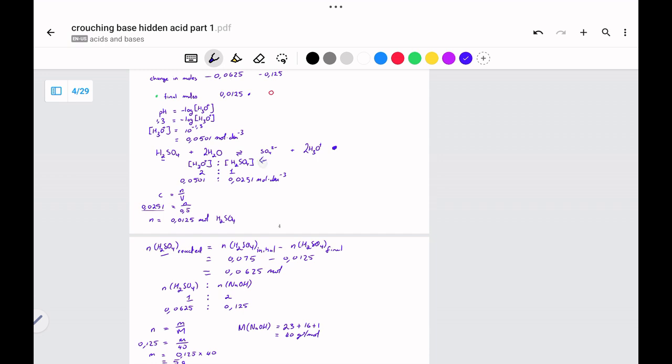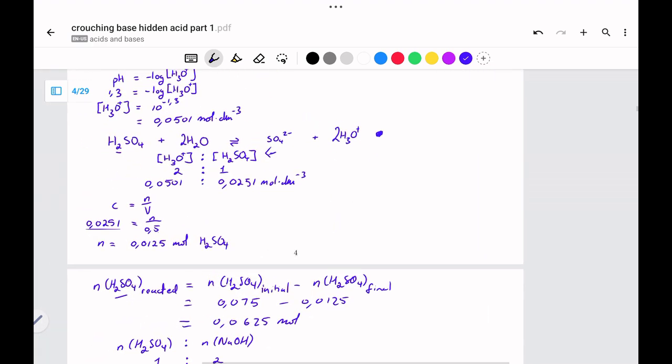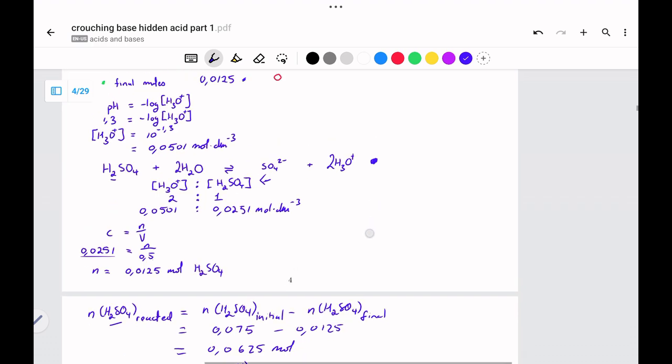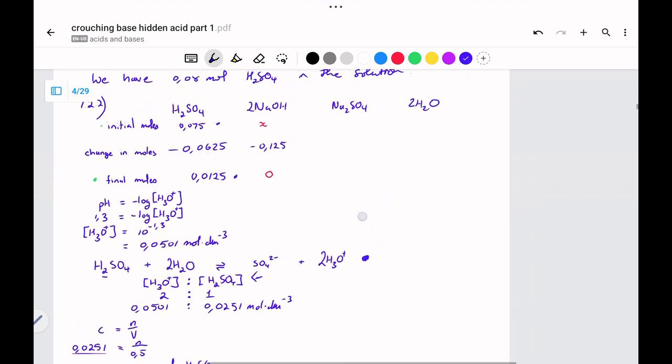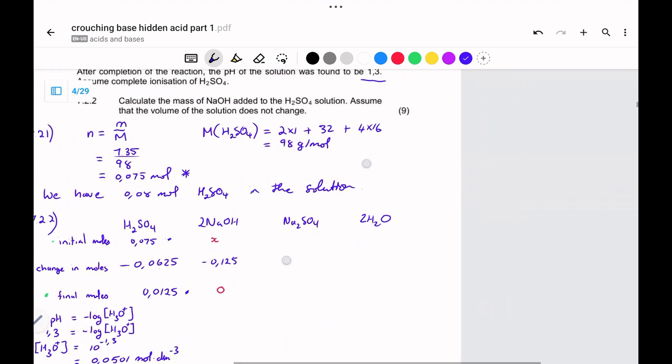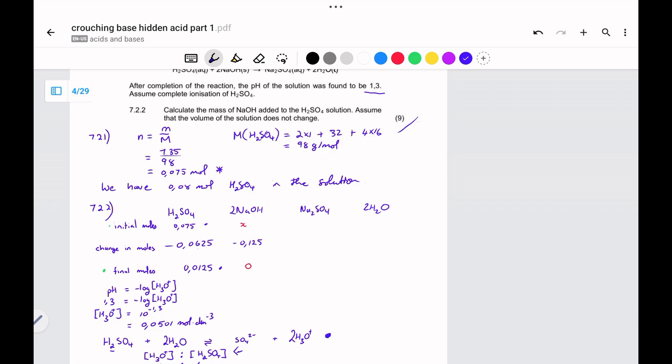So the reason that I'm writing this out is because I don't want anyone who watches to get the 1 and the 2 mixed up, and then get the whole thing wrong just because of that mistake, which is easy to make. But it's a big question, and that's why it's for 9 marks.